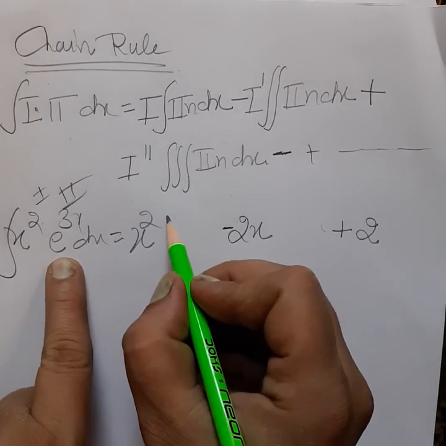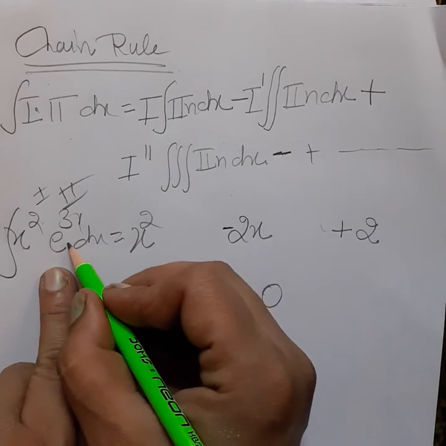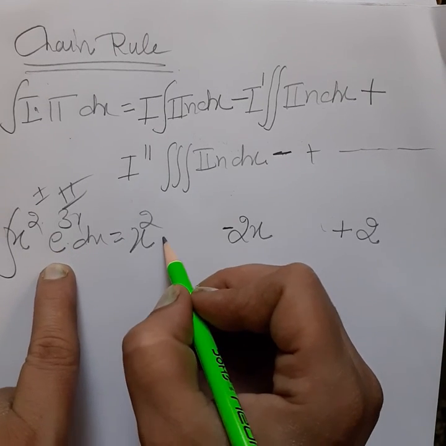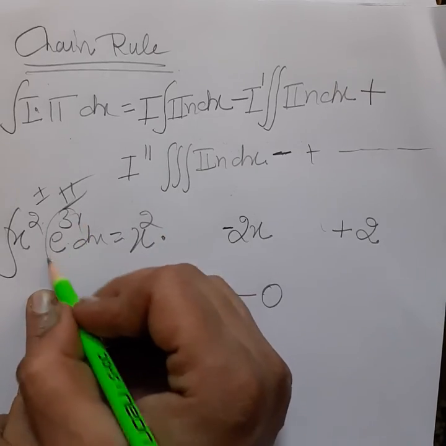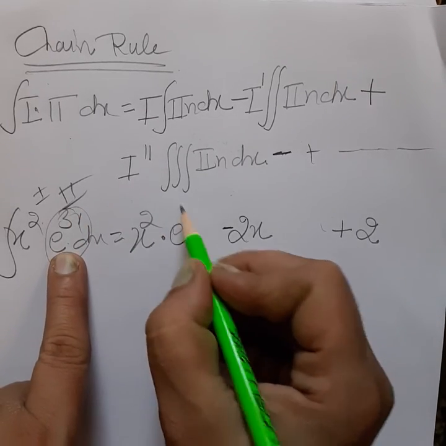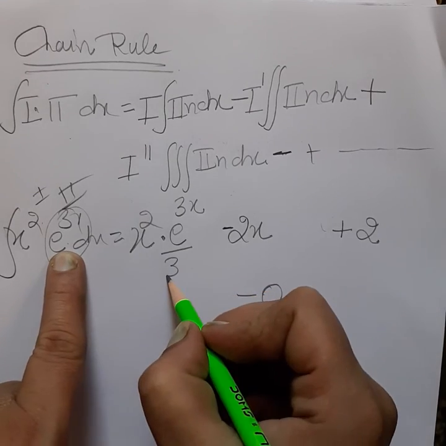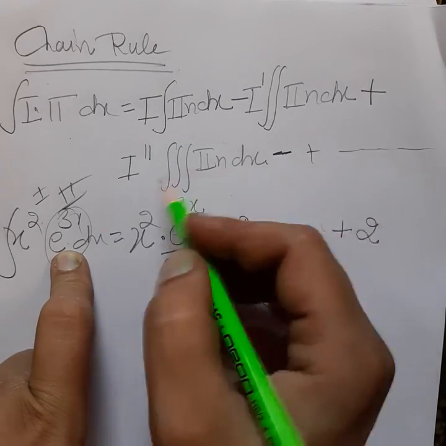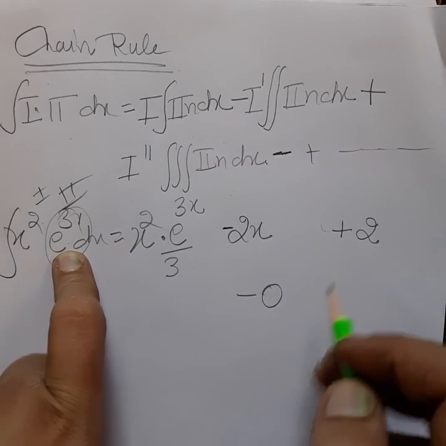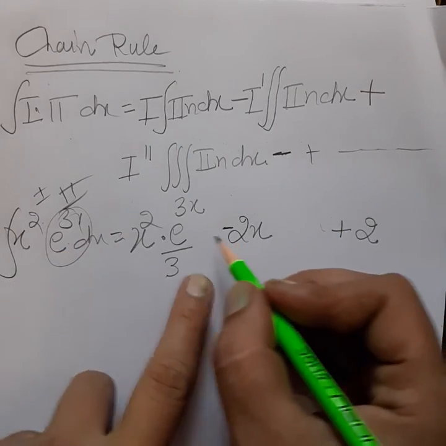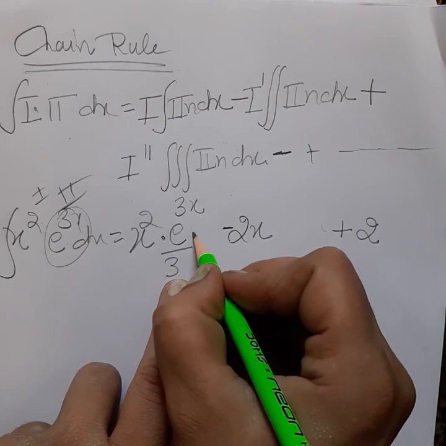And after that, first of all you take the first integration of e to the power 3x. You can directly solve it. The first integration is e to the power 3x upon 3. We need not apply the whole method in the competitive exam. After that you take the second integration of this function.